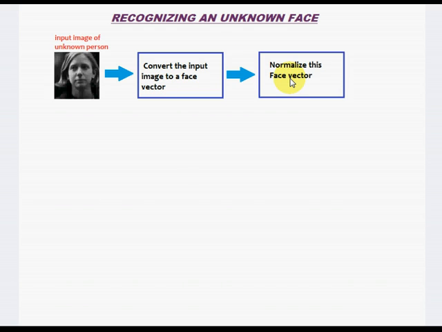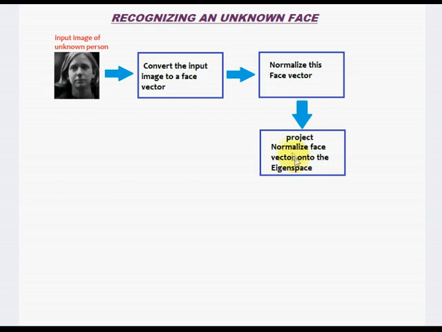The next part will be to normalize this face vector as we had done earlier. And in this case, the average face will be used, as was calculated in training the recognizer.